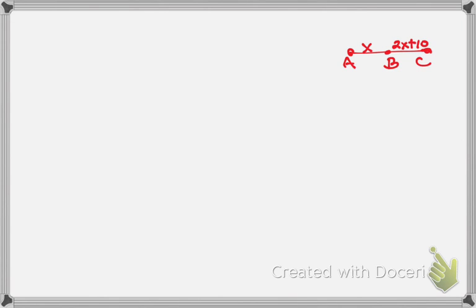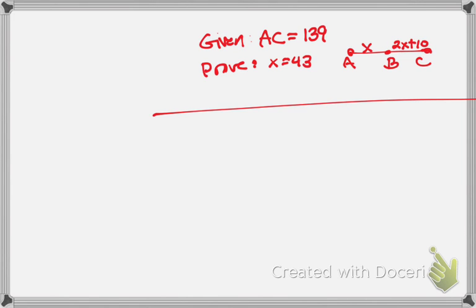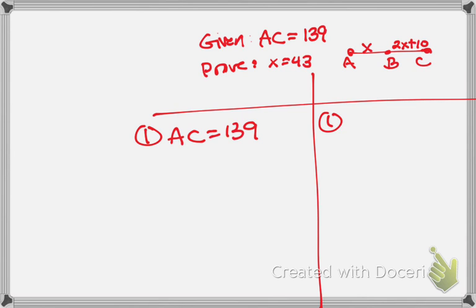Is that what it was? So if we were given AC is equal to 139 and we needed to prove that x was equal to 43, what would be the only thing that would have changed? Well, my given would have been AC is equal to 139 instead. And then what would the second line have been? Angle or segment addition? Segment addition, because I have segments.